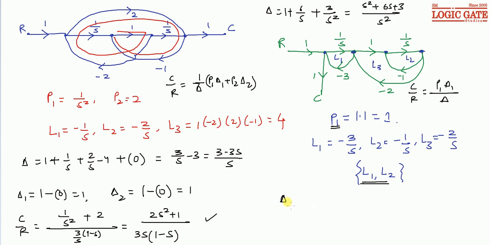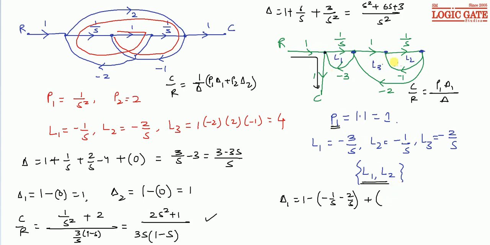Now we'll calculate del 1. So 1 minus sum of gains of all individual loops not touching the first forward path. So this is the first forward path, and we can see only L1 is touching the first forward path, and L2 and L3 are not touching the first forward path. So we have to consider L2 and L3. So both have minus sign, so this will be minus 1 by s minus 2 by s plus sum of products of gains of all pairs of two non-touching loops not touching the first forward path.